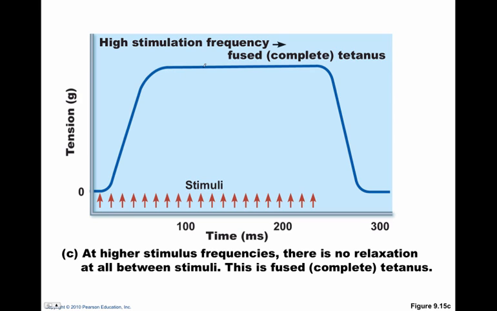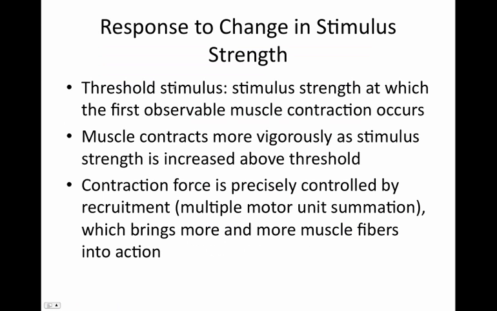The troponin and tropomyosin complexes are not covering the actin binding sites. The myosin heads are attaching to the actin, maintaining contraction, resetting through ATP, continuing to connect with the actin binding sites, and we just keep having this complete tetany or complete contraction. That's a look at frequency of inputs.